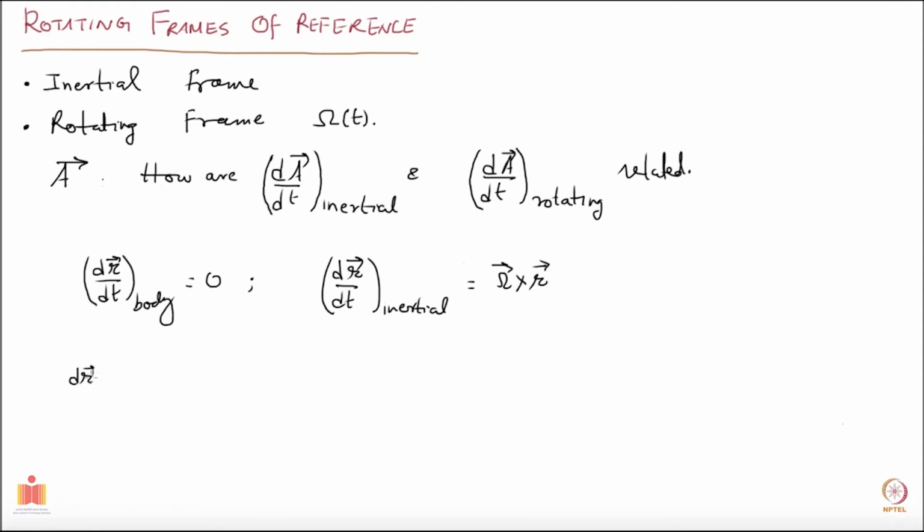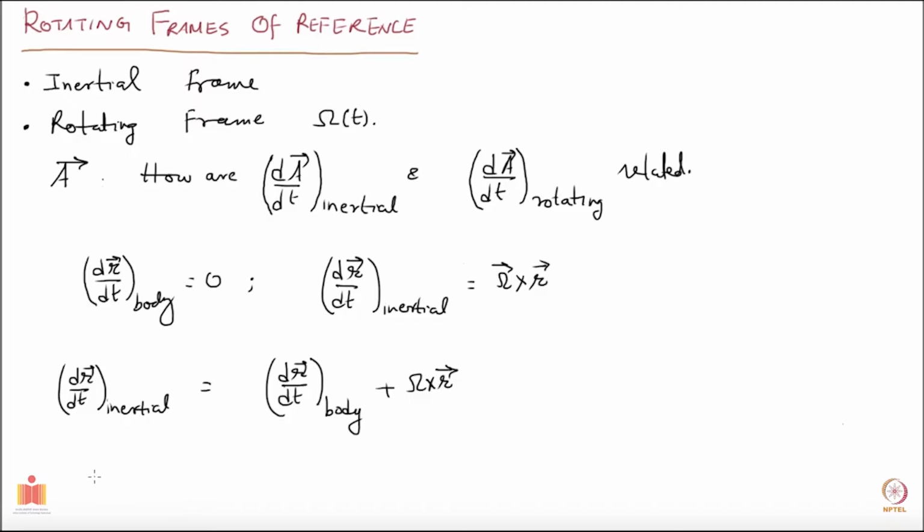You write dr over dt, the velocity in the inertial frame, is equal to the time derivative in the body frame plus omega cross r. That is how the prototype vector has its time derivative related in the two frames.